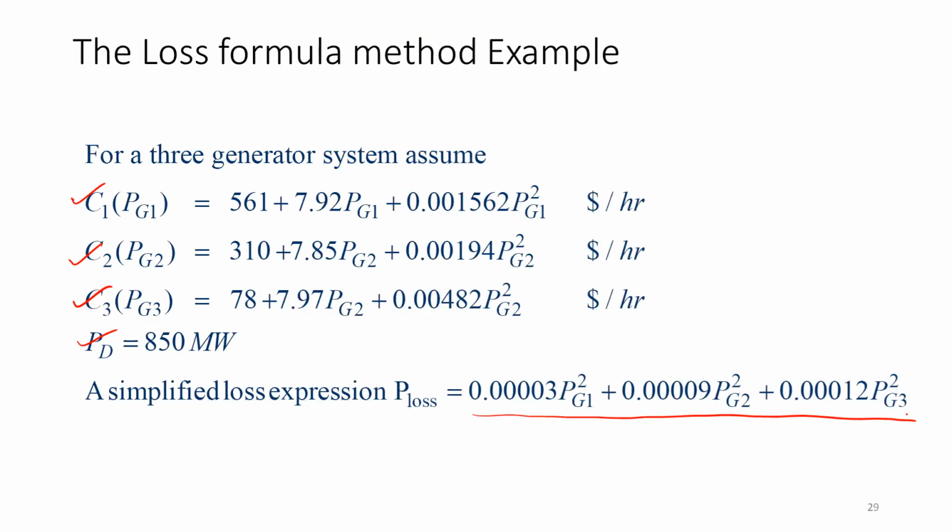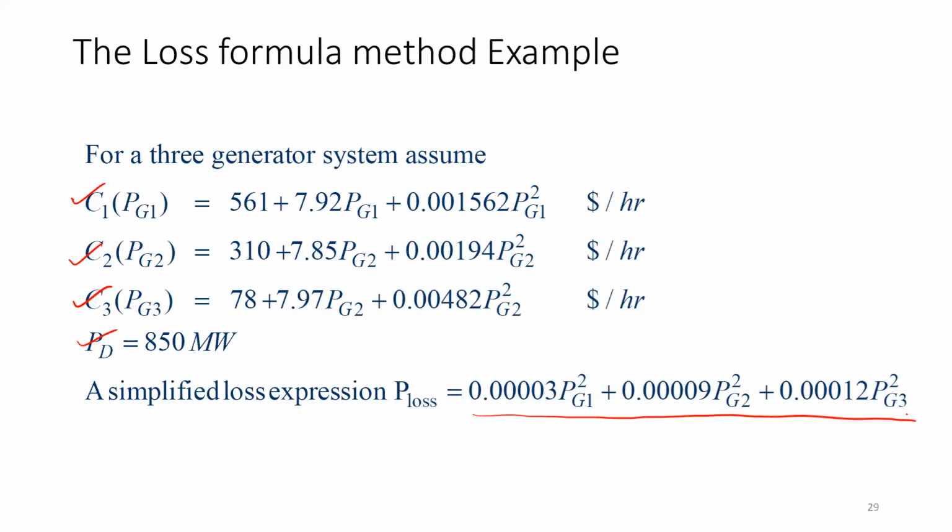Now P loss could be given in a number of ways. How we got this expression, there is a big derivation in Hadi Sadat sir's book. If you want, you can go through the derivation, that's totally up to you. But for understanding how we find the solution to ELD problems, this is not that significant. However, if you are interested, you can find out how this expression of P loss came.